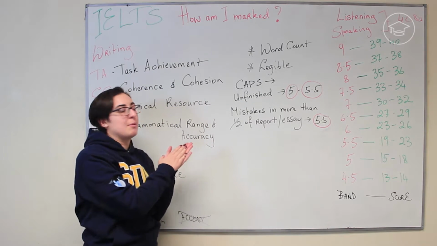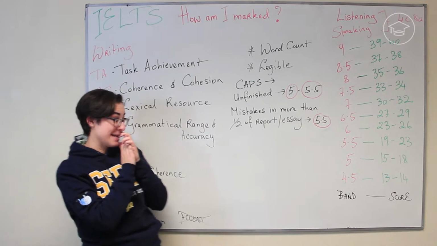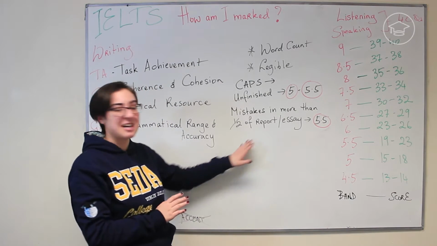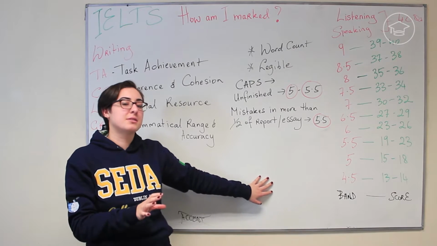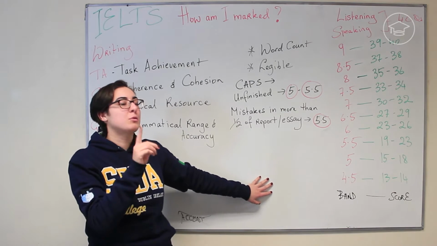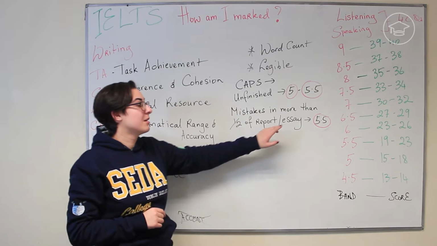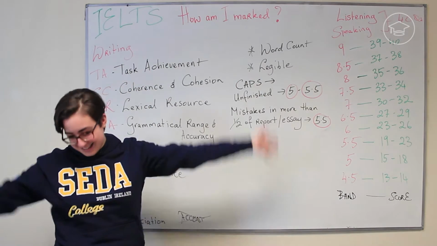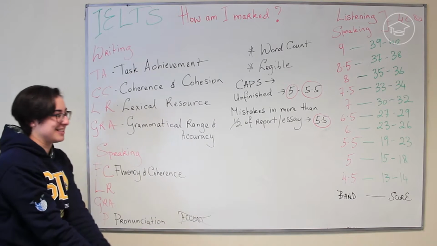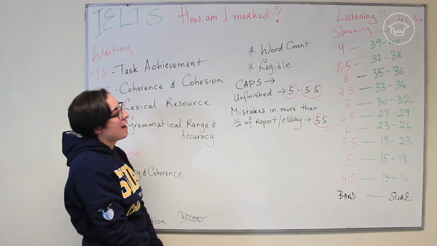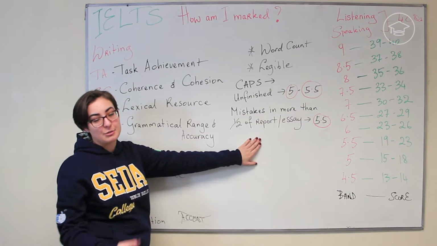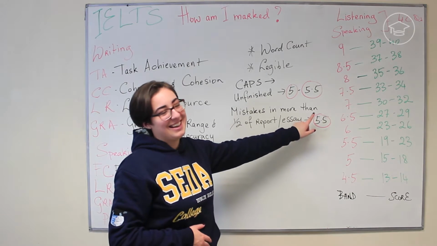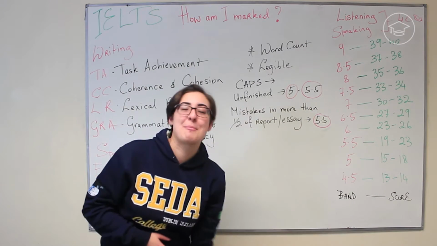To give an example, if I wrote 10 sentences in my writing part 2, and 6 of those sentences have even one mistake in them each, your score is going to be 5.5. It doesn't matter if it was the most brilliant essay in the world, that's the way it is. So bear that in mind. Try and improve your accuracy as you're writing, because you do not want to be a victim of this cap.